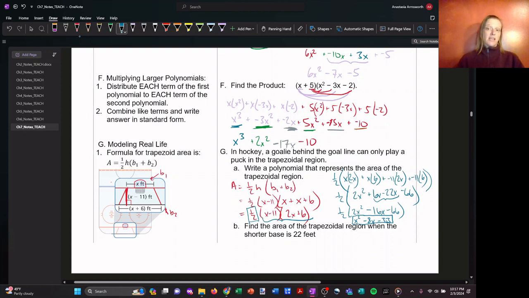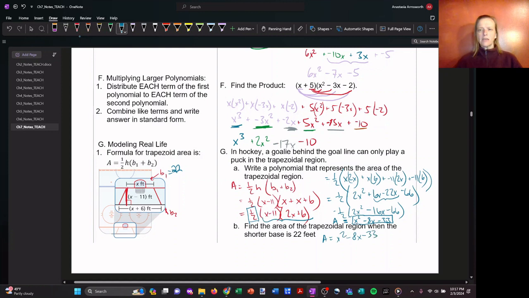The second part of the question is saying, hey, if that shorter base b1 equals 22 feet, what is that area? Well, I should have written this as an equation. Area equals x squared minus 8x minus 33.